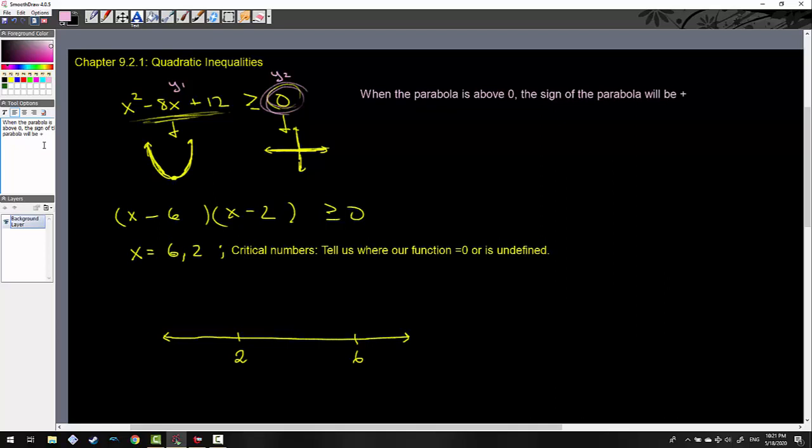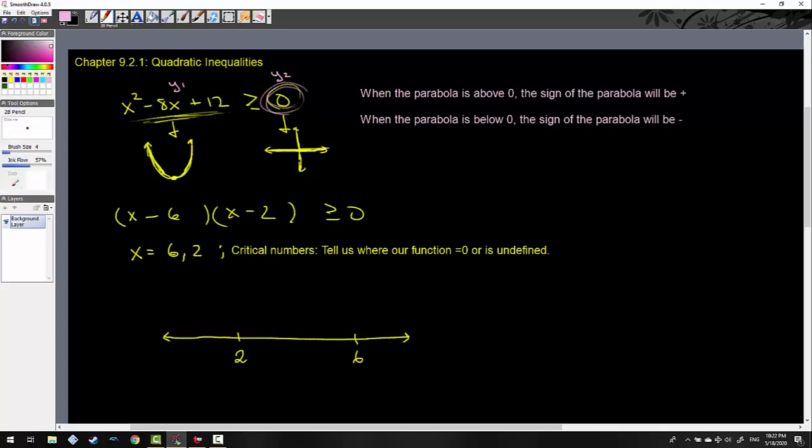Because a y value that is above the x-axis is a positive number. Likewise, I can say when the parabola is below 0, the sign of the parabola will be negative.